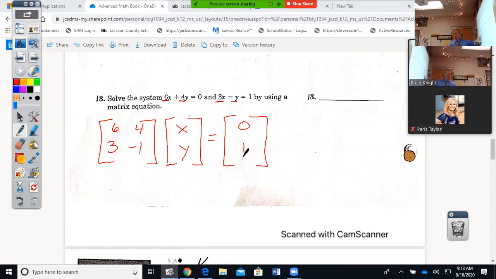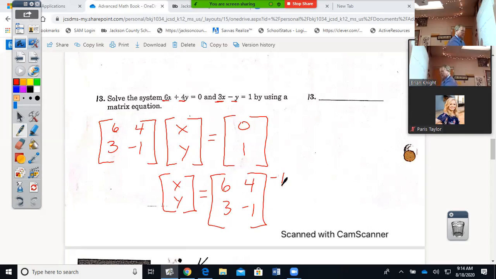And how do we get rid of this matrix over here? We take the inverse of it. And if we do it on the left side, we have to do it on the right side. So I'm just going to write on here what you would put in your calculator. So you're going to put inverse of 6, 4, 3, -1, and you use that little X to the -1 sign on your calculator, all right?